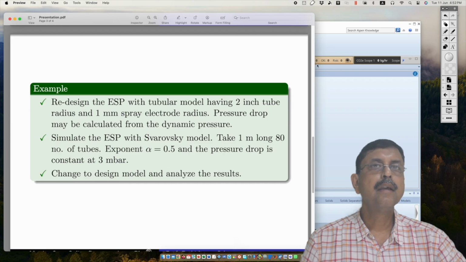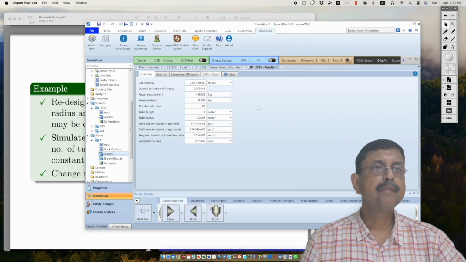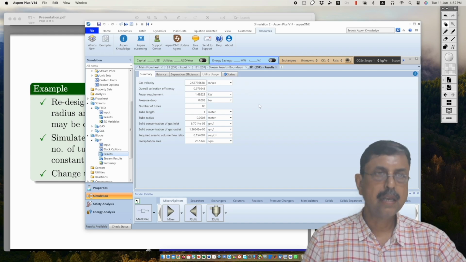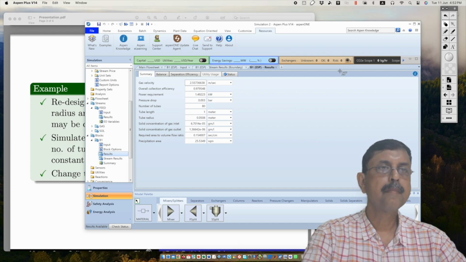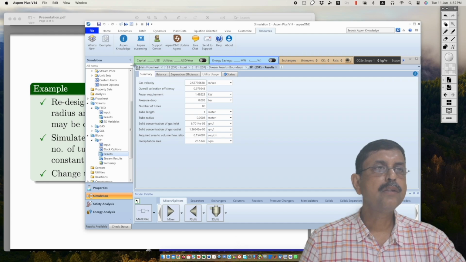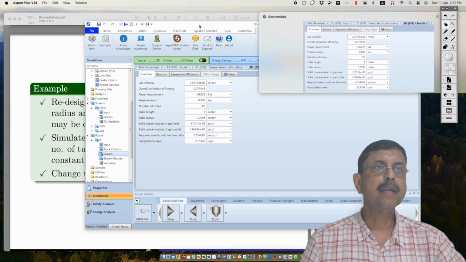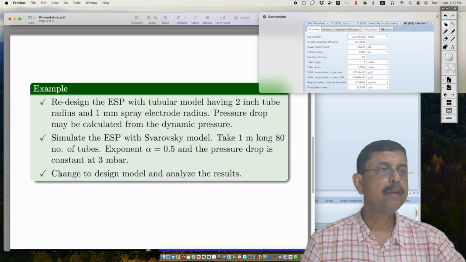We will keep this particular thing and change it to design and look at it later. So let us keep it over here. The next problem says change to design model and analyze the results.